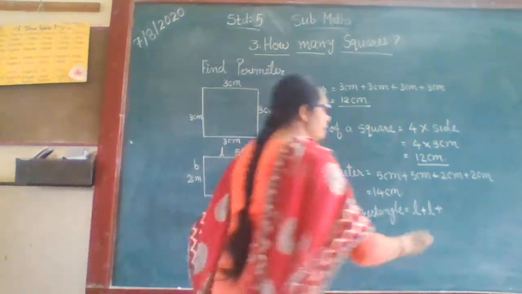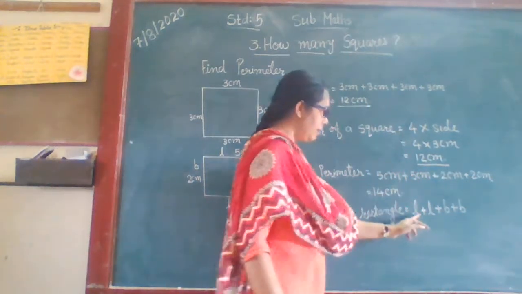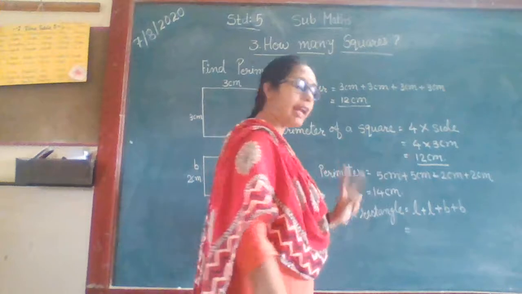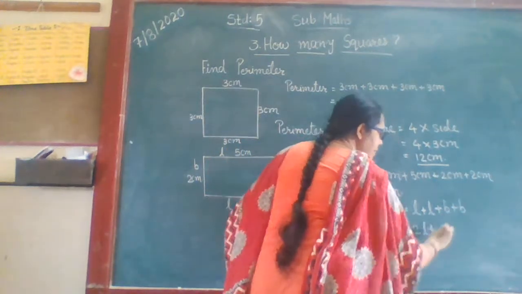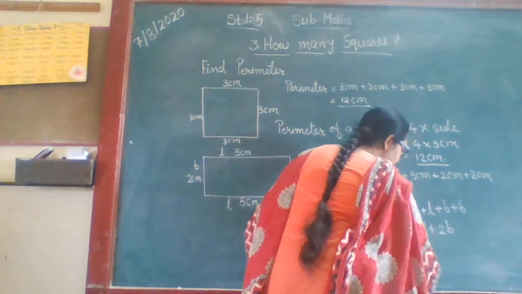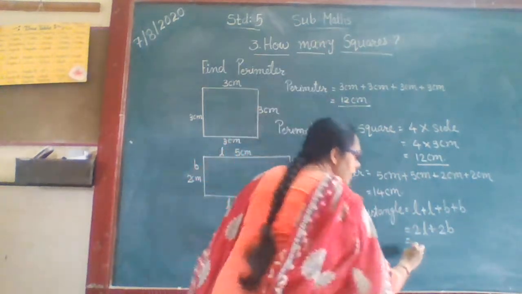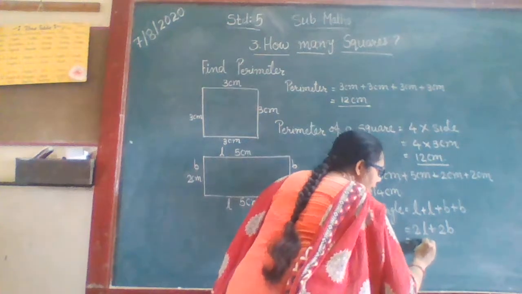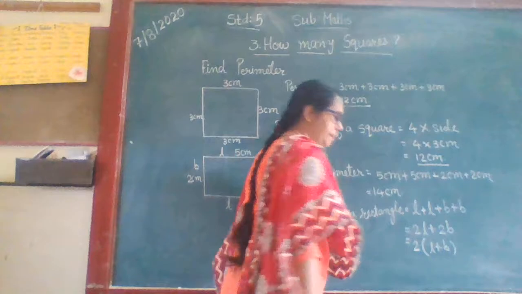So B plus B. L plus L, 2L. Plus B plus B, 2B. Now 2 is common. So we write it only one time, and in bracket we write L plus B.